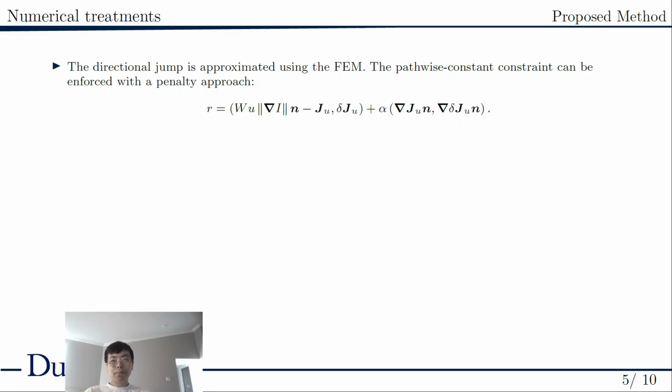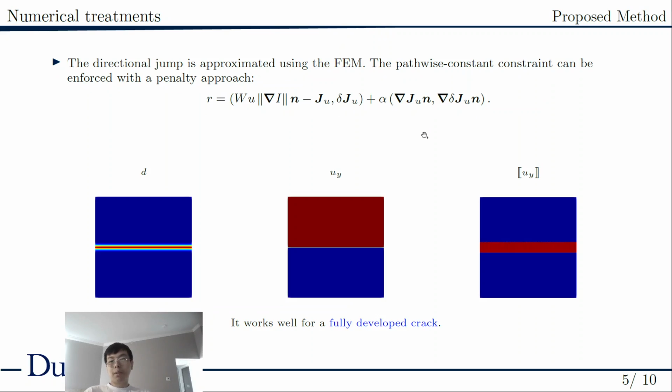Okay. So a few remarks here. The directional jump can be approximated using the finite element method, and the pathwise constant constraint in this work is enforced using a penalty approach, where alpha is the penalty parameter.